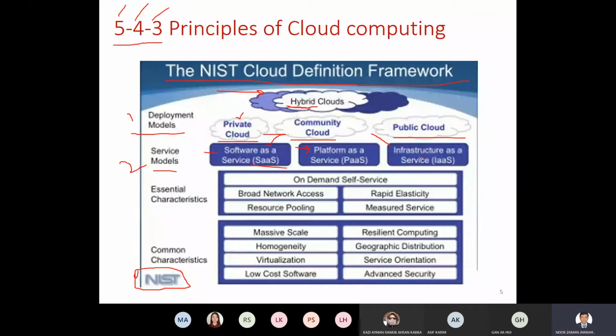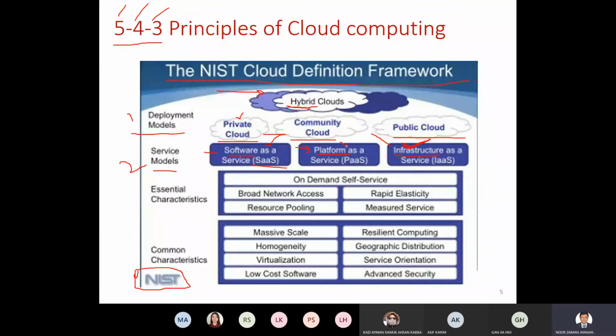We will discuss them in detail in a couple of minutes, but it's simple. You can see the difference here: infrastructure, platform, and software. So this is the type of the service model. The company or an individual person will be able to get the infrastructure.